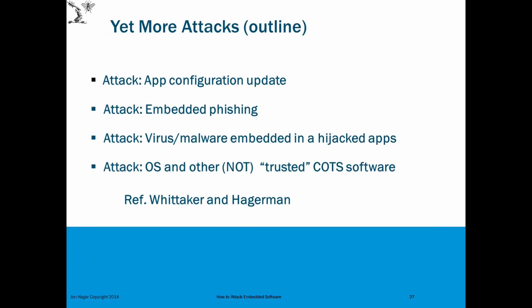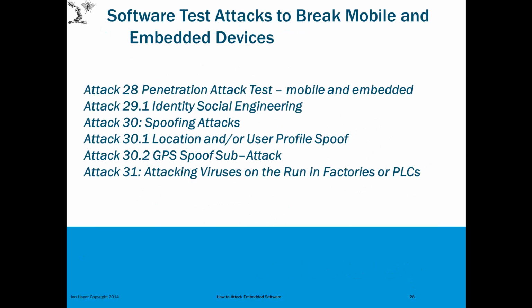Now, this constantly gets updated, but there's new vulnerabilities found all the time. As testers, I think we have to pay attention to these other outside non-trusted software and at least raise it as a risk to the project so that people understand there's a potential vulnerability there from the security standpoint.